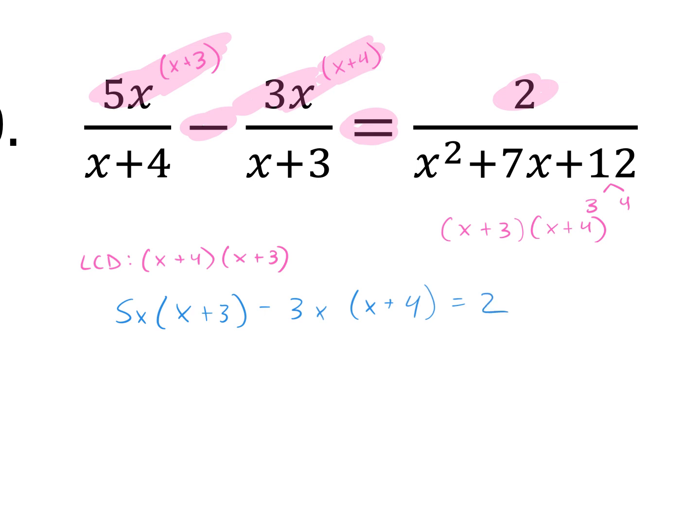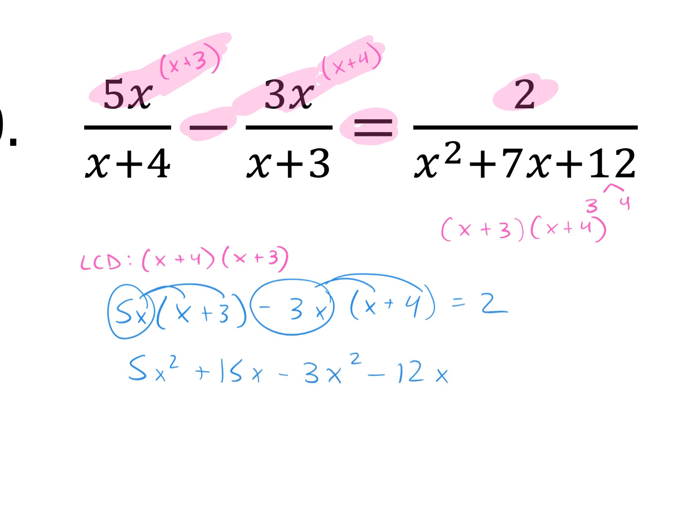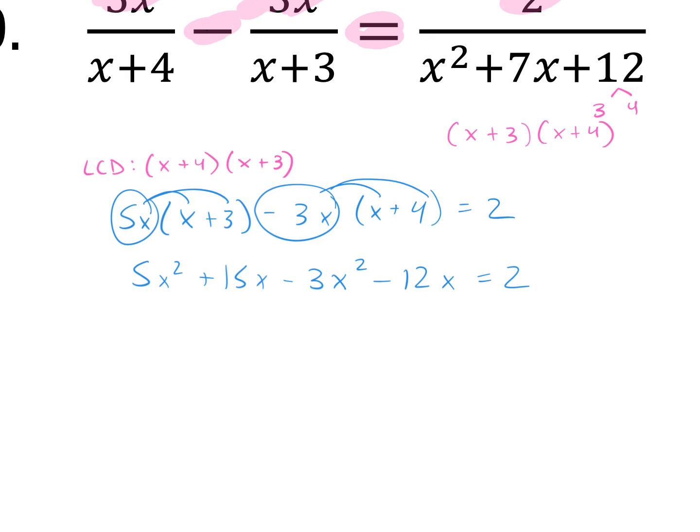What do we do next? Distribute. We're going to distribute to simplify. 5x squared plus 15x minus 3x squared minus 12x is equal to 2. What do we do next? Combine like terms.